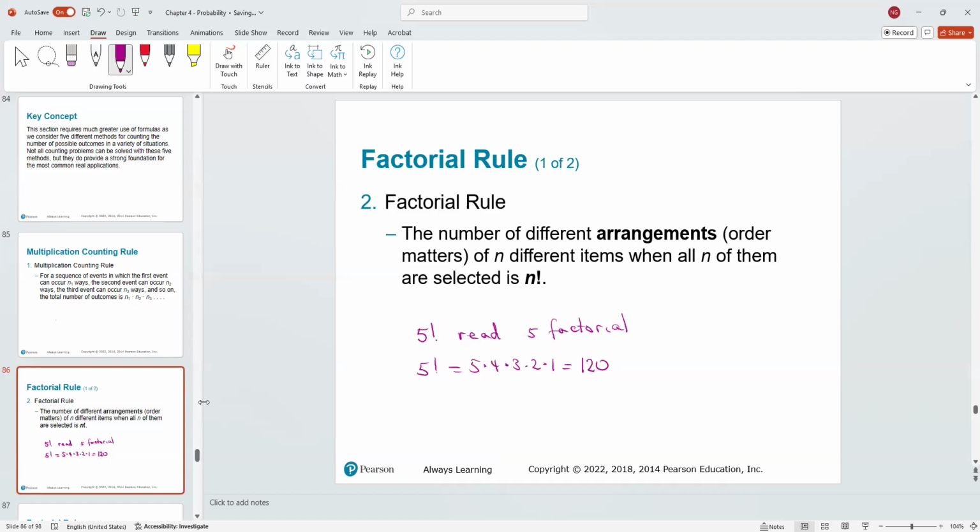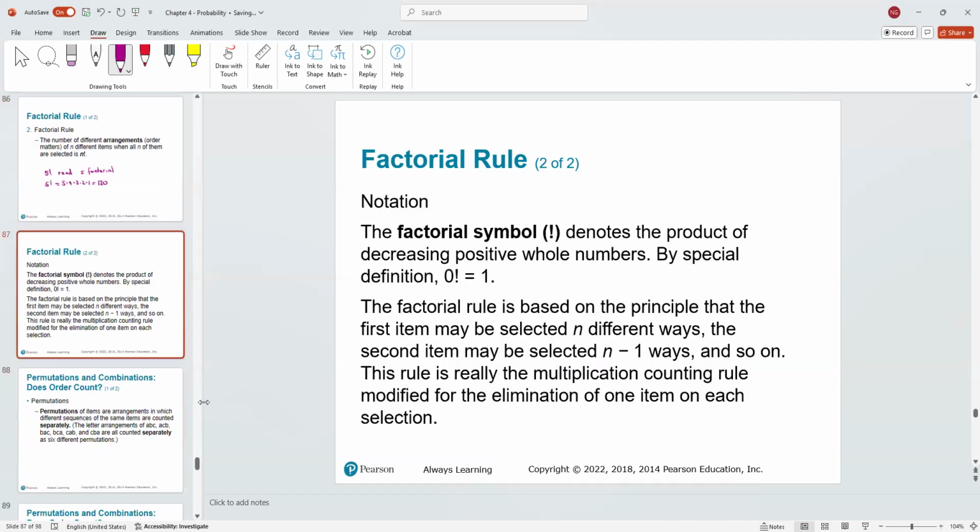The factorial rule is based on the principle that the first item may be selected n different ways, the second item may be selected n minus 1 different ways, and so on.